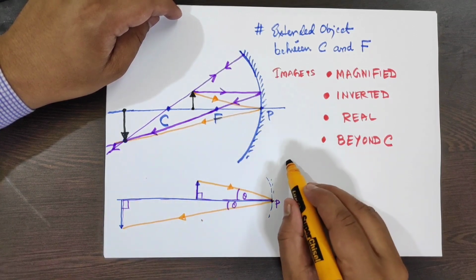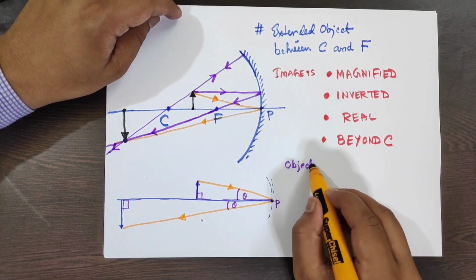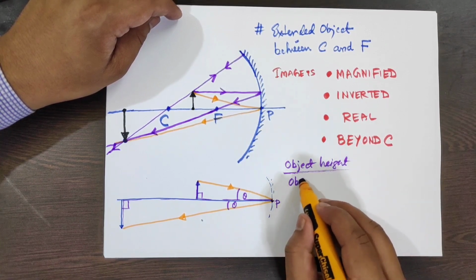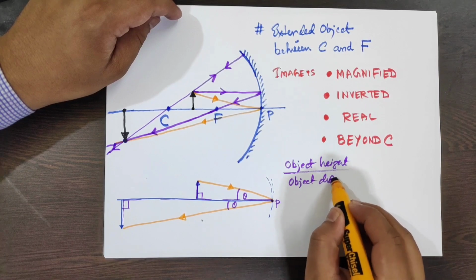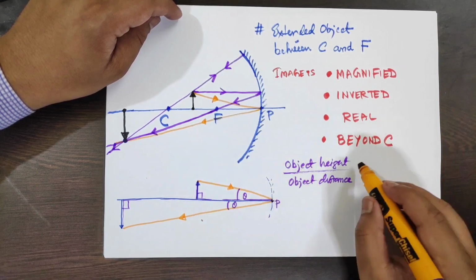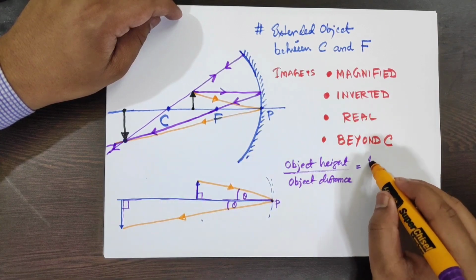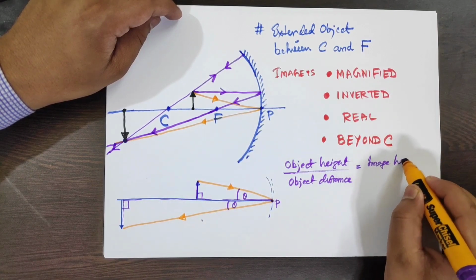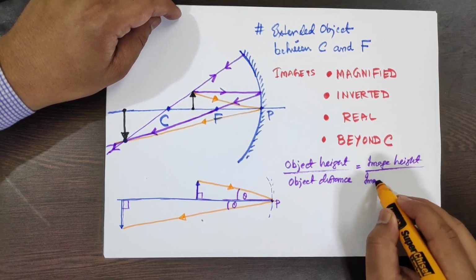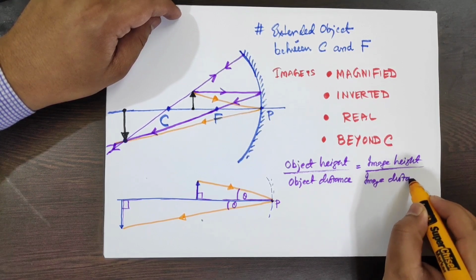So object height divided by object distance, where object distance means the distance of the object from the pole, is equal to image height divided by image distance.